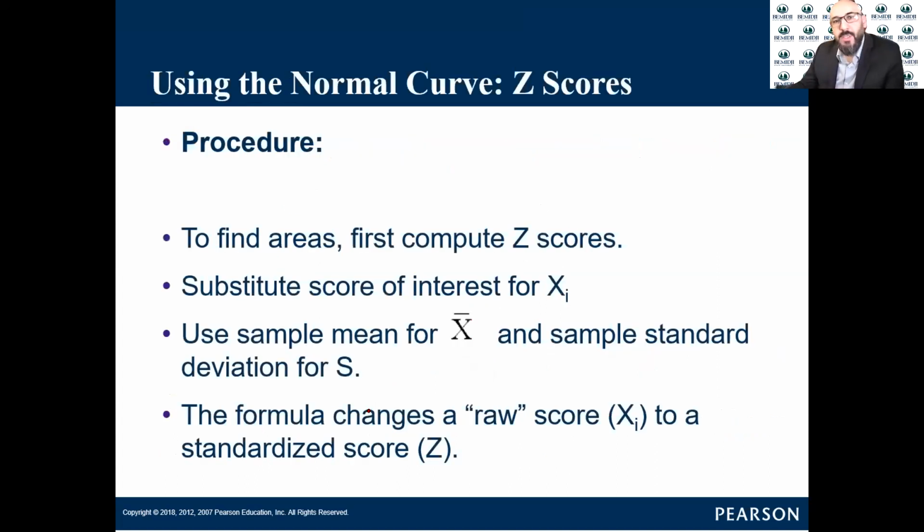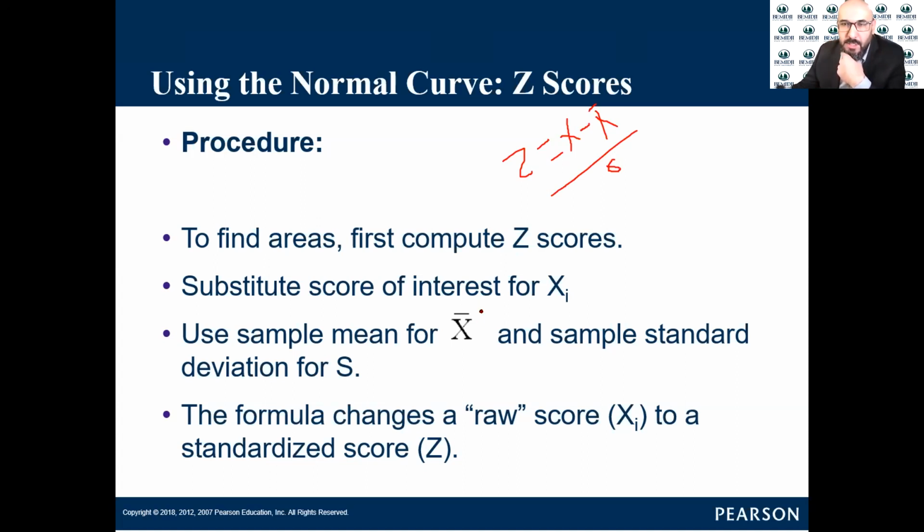Excellent, excellent. Now let's take a look into how we could calculate with the normal curve. Keep in mind the z-score equation: z equals the x value, the point, minus the x average, divided by the sigma, the standard deviation. The first thing I want to let you know is that you need to use the appendix.